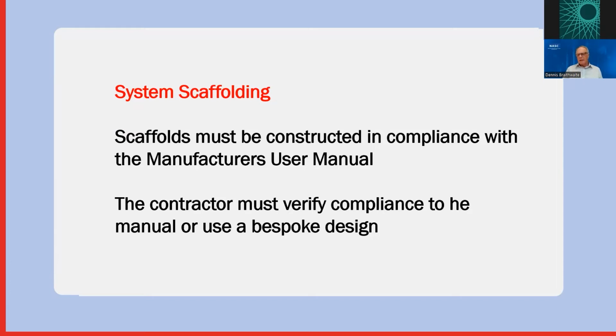Now, the problem with that is that what we usually find is the scaffold contractor will confirm that yes, it's constructed to the manufacturer's manual, and maybe even give you as the client a copy of the manual. But what they've got to do is a little bit more than that. They've got to actually verify the compliance. They've got to say how it complies, which section of the manual it complies to, and demonstrate how it is actually compliant. Or they need to have a bespoke design for it.